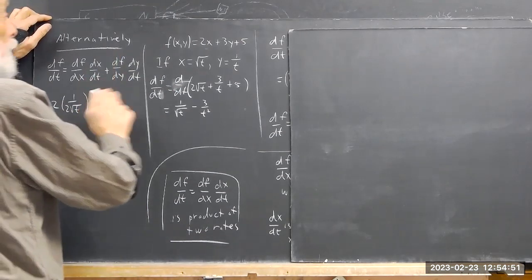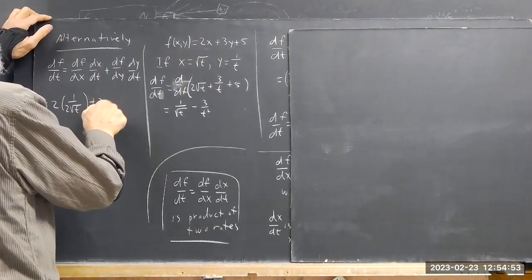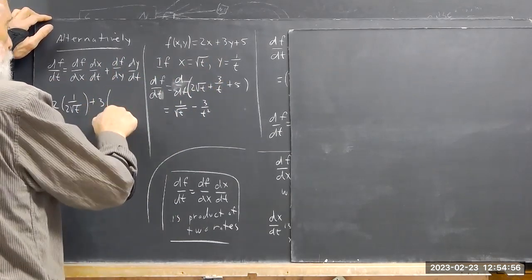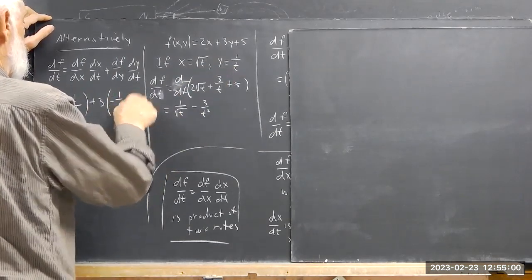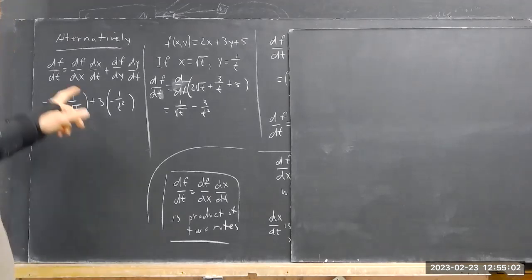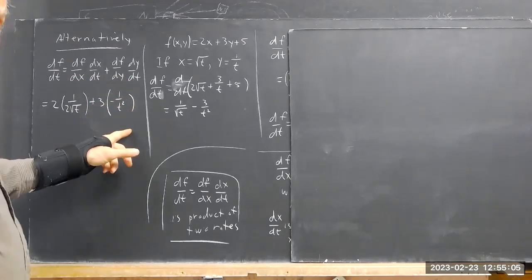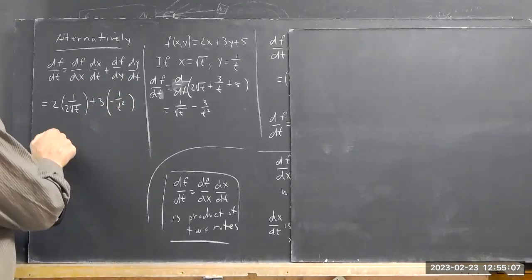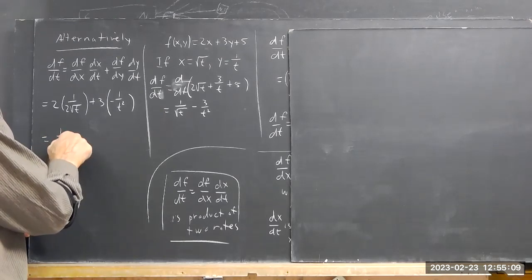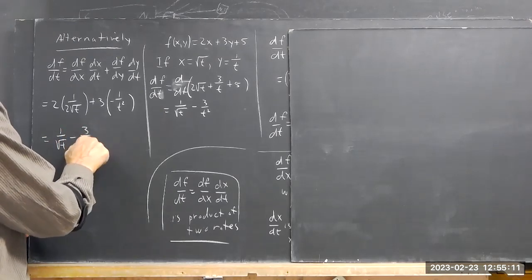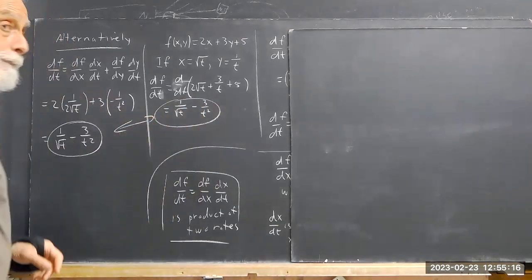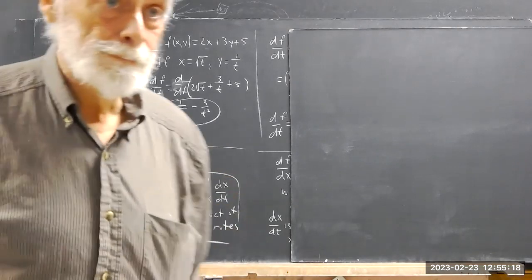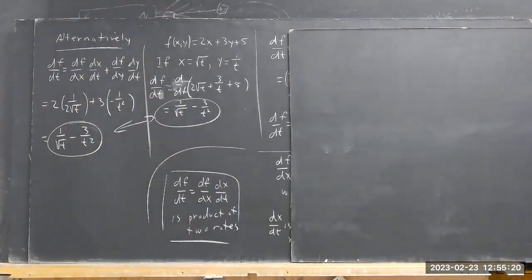And df/dy is 3, and dy/dt is -1/t squared. So you just write this down, write down each thing, and then do the arithmetic. And this comes out the same as this. Okay, so that's pretty straightforward.